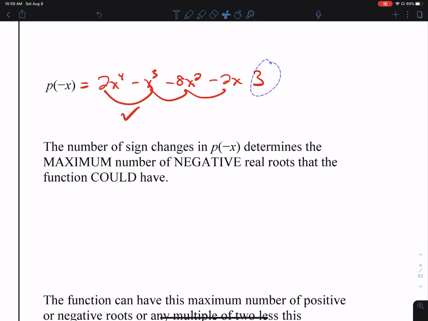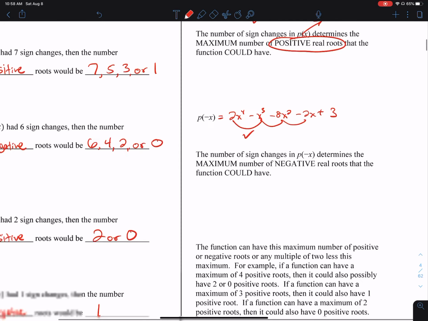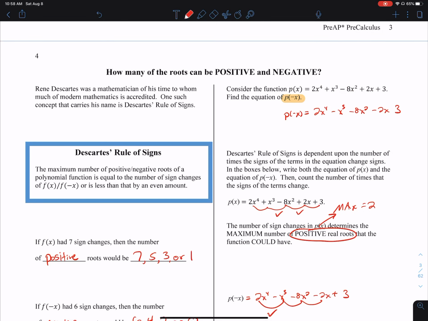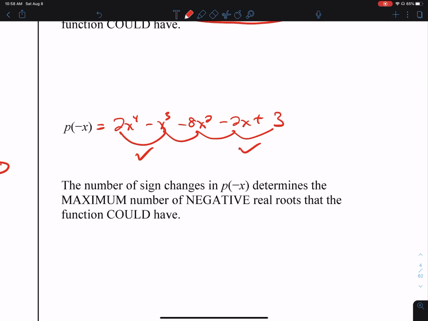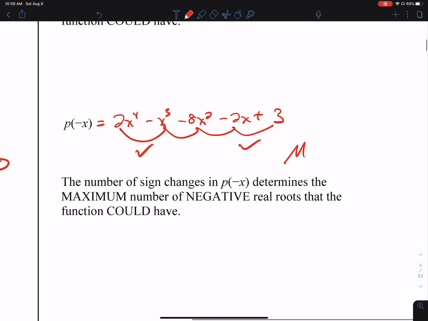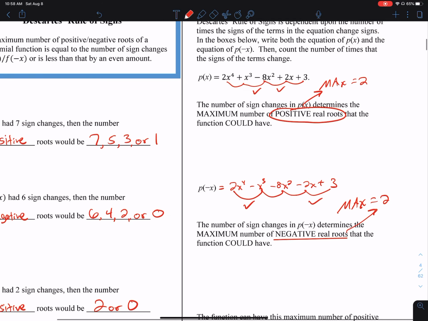This was supposed to be a plus 3. Somehow I didn't write the plus. I apologize. 2 sign changes. The maximum number of negative real roots for this is 2. So it could be 2 or it could be 0, just like for the positive ones.